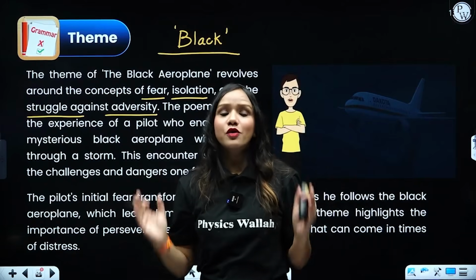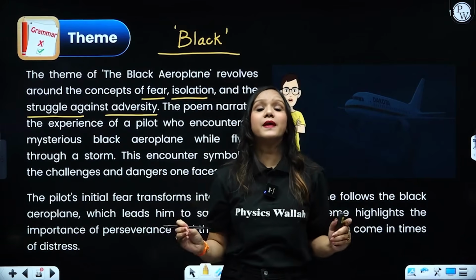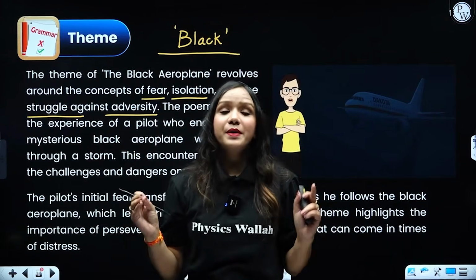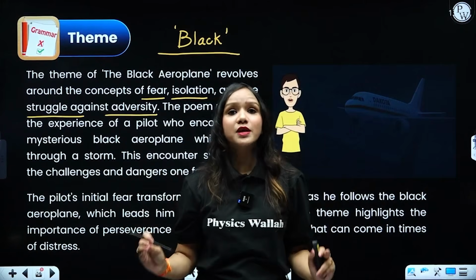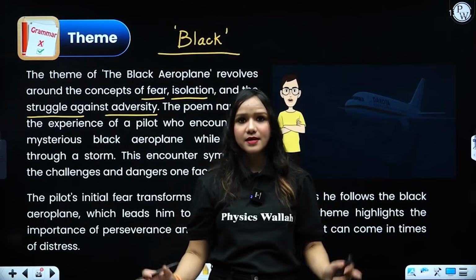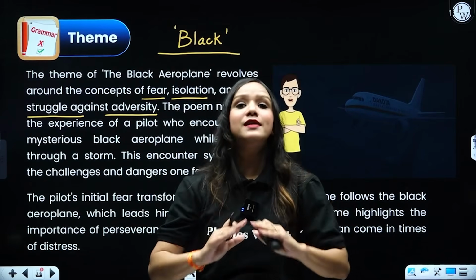What did I just tell you? That the title of the story is Black Aeroplane, and in this title, the color black has a very special role to play, very important relevance, because just like the color black is known for its intriguing nature, it captures anybody's attention anywhere, right? First of all, we should know that aeroplanes are generally not black.